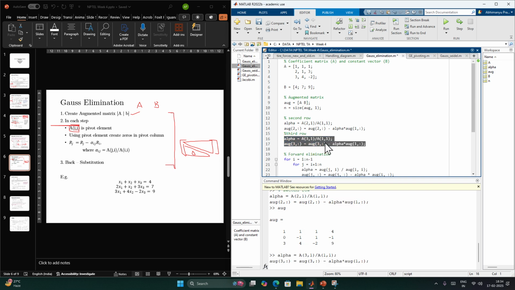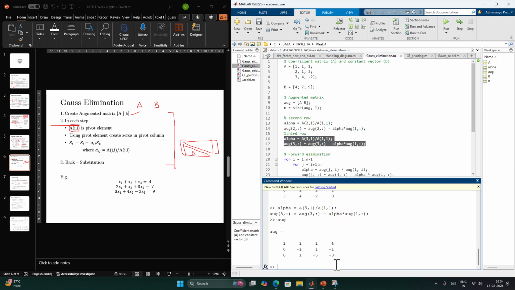Fine. So now if I run this, I will check my augmented matrix again. Yeah. So now the third row first element has become 0. So we have made the first column 1 0 0.